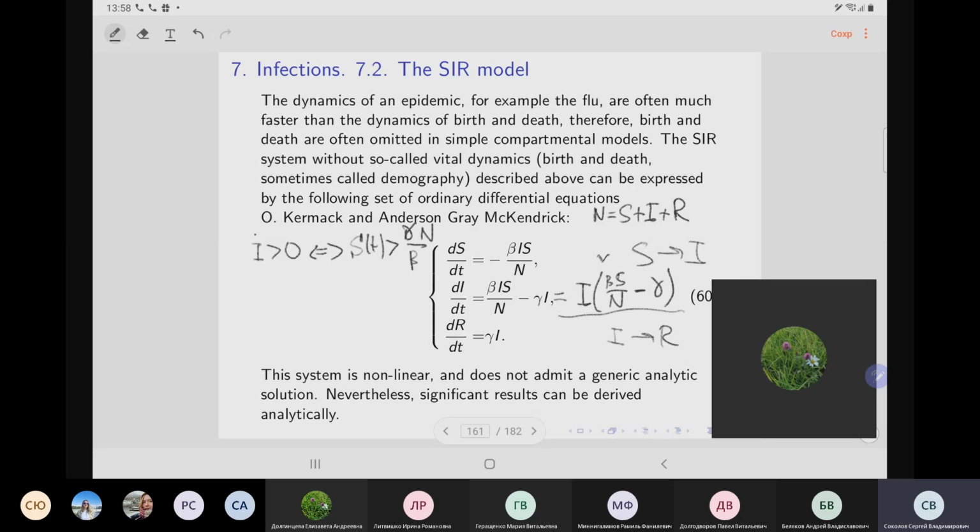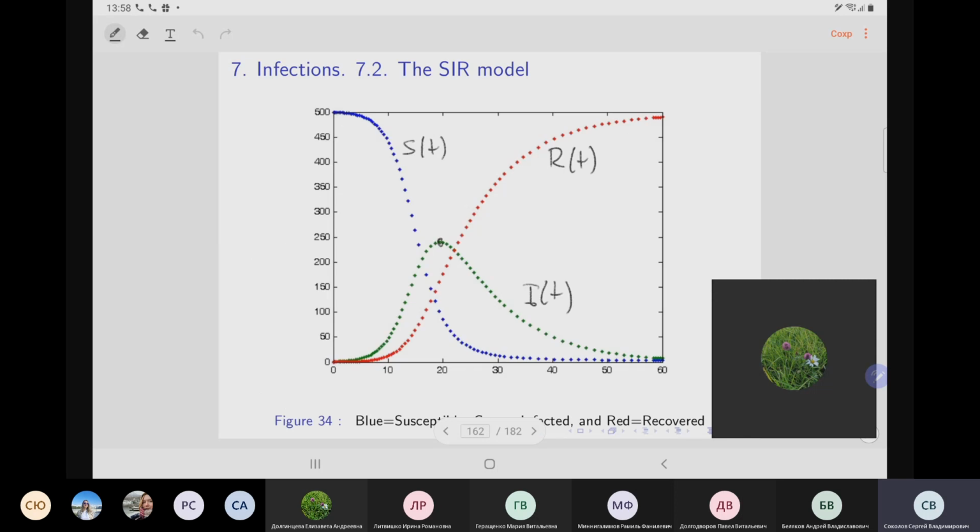So if the susceptible number is big enough, then the epidemic increases, and the epidemic decreases if and only if S is less than gamma divided by beta N. And since S is decreasing, we can prove that at some moment S will cross the borderline, and then the infection will stop.